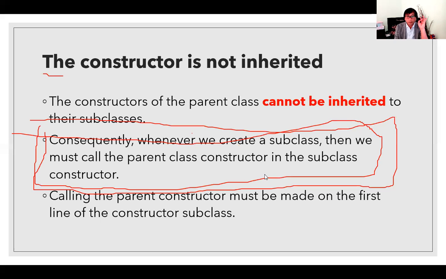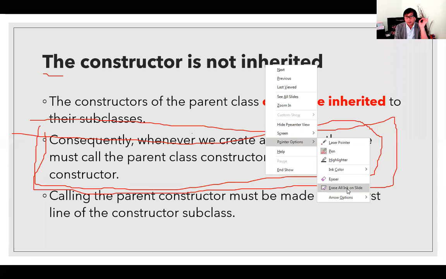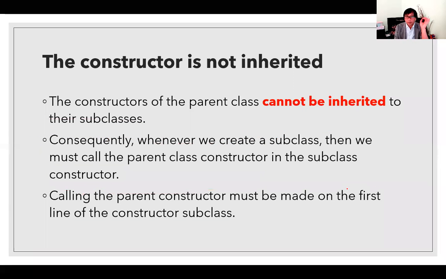So when you have an inherited class and you want to create a constructor for it, you have to call the parent class constructor first, and then continue with the other lines of code inside the constructor.